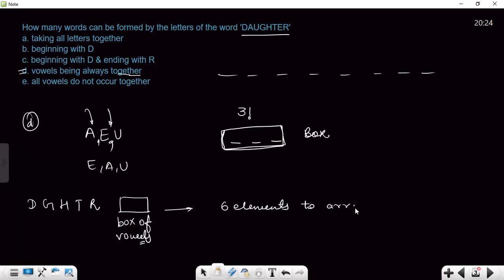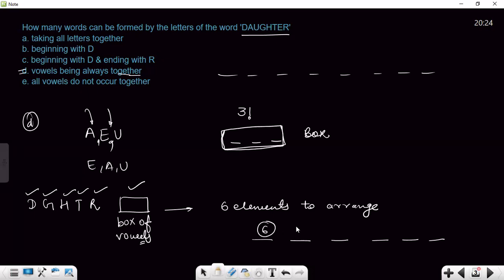To arrange and make a word, if there are 6 elements, there will be 6 places. For the first place, how many choices are there? 1, 2, 3, 4, 5 or 6? 6 choices.